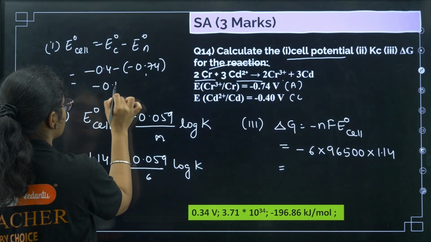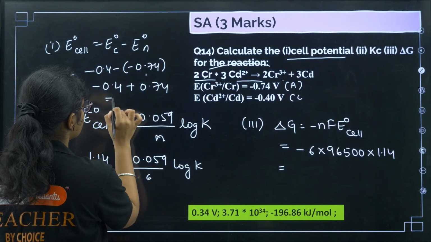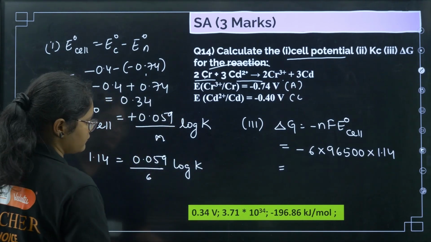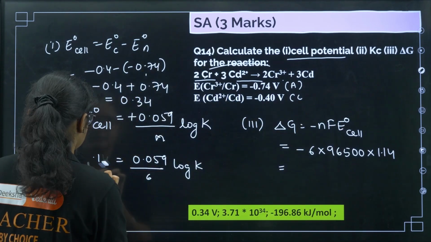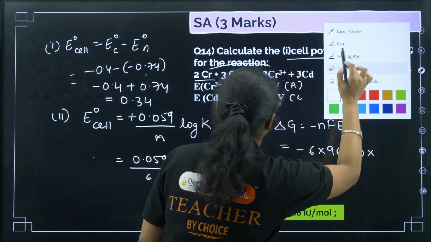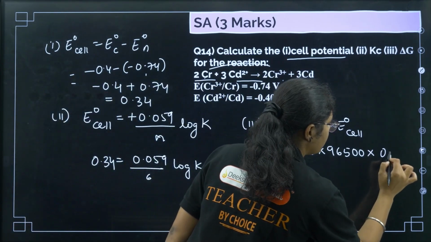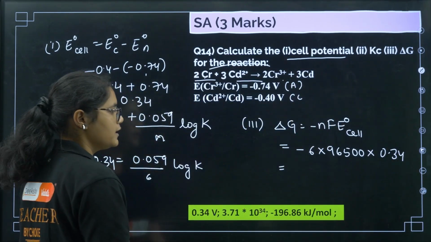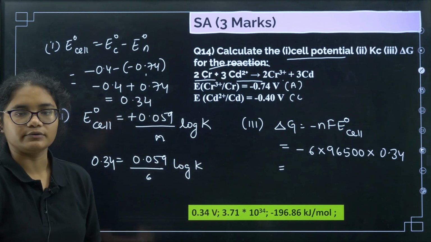So I get minus 0.4 plus 0.74, which equals 0.34. We will get 0.34 volt. So here we need to change it to 0.34, and here also. Please correct this. We'll get 0.34 here and here also. Once you solve this, you will get these values. Check the calculation once again.